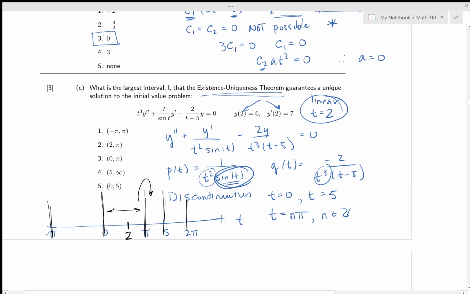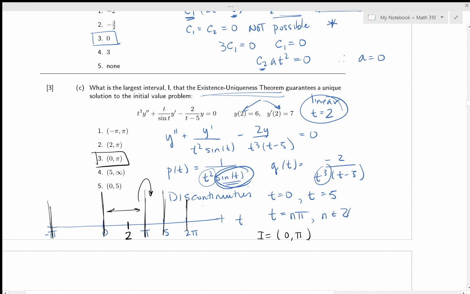That's not going to be happening because there's a discontinuity at pi. So then I identify that the theorem is going to guarantee me a unique solution in the interval (0, pi), and that is option 3 here.